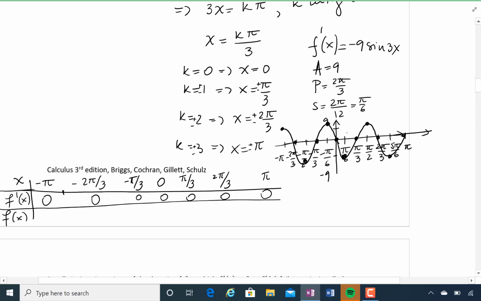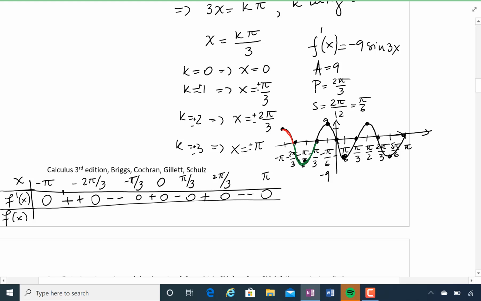Okay, so now it's easy to see that between negative pi and negative 2 pi over 3, which is this region, our function being above the x-axis is positive, so I'm going to put plus. Between negative 2 pi over 3 and negative pi over 3 is this green part, which is negative because it's under the x-axis. And then positive, and then negative, and then positive again, and then negative.